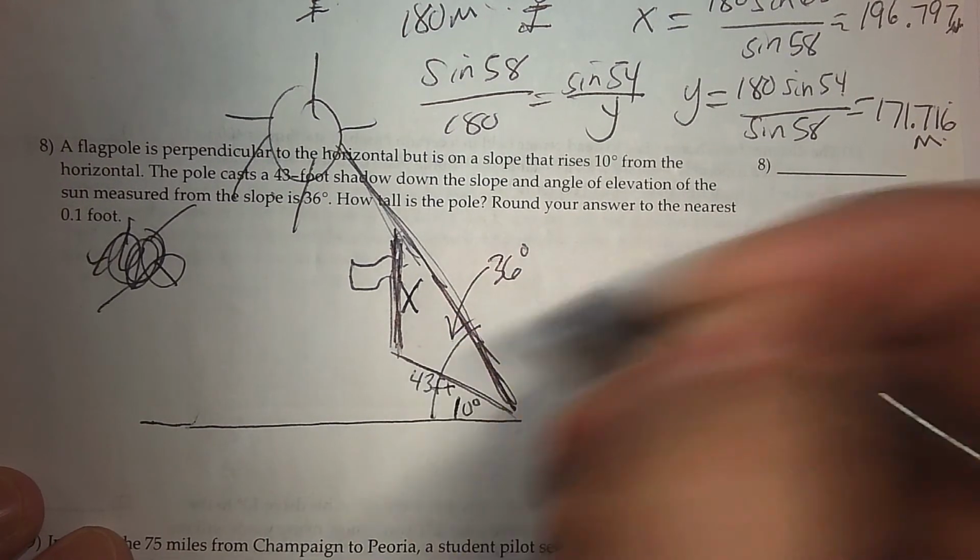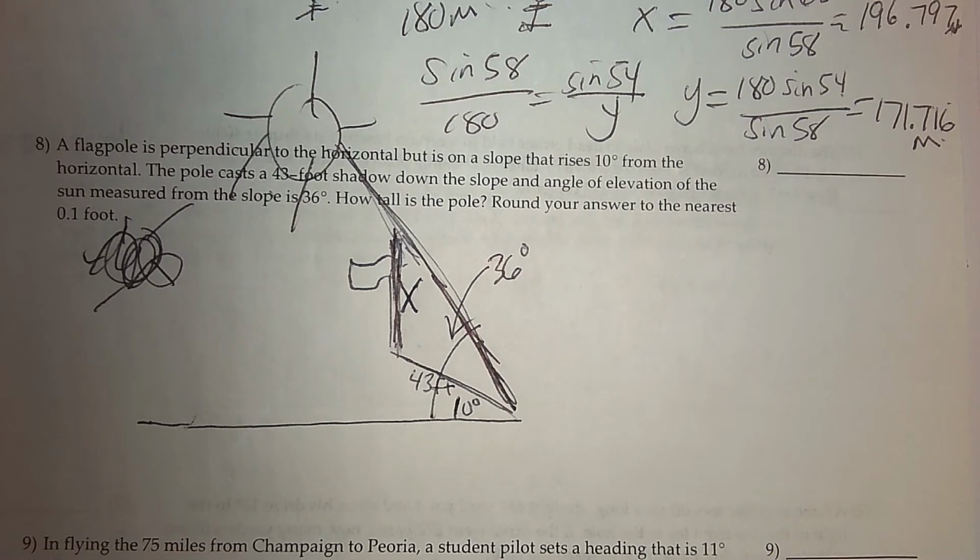So, if the angle of elevation is made with the horizontal, and the slope is 10 degrees for the slant of the hill, what's this angle in here then? What would I do to 36 and 10 to find this angle? Subtract. So this angle in here is 26.